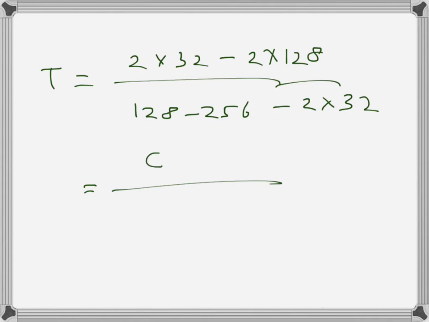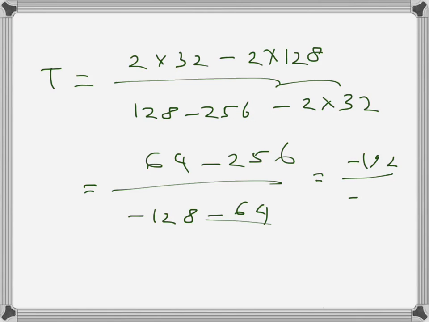So it will be 64 minus 256, and it will be minus 128 minus 64. So it becomes minus 192 over minus 192, which is 1. So after 1 second they will meet.